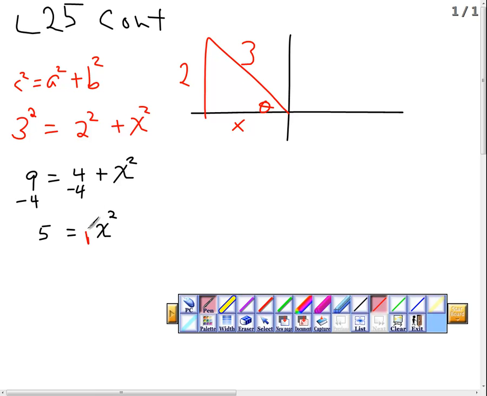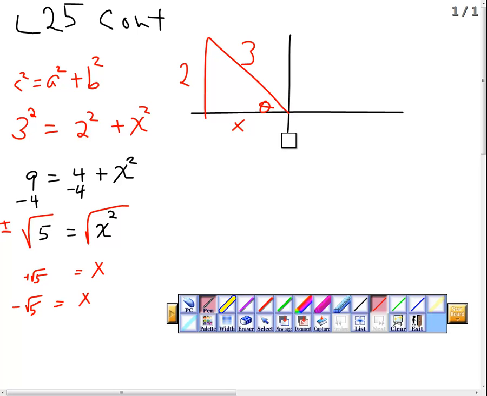Apply the square root. But you always have to remember what? Outside of the radical sign, plus or minus, right. Well, how do we know which one it is? Is it x equals a plus square root 5? Or is it x equals a minus square root 5? Which one could it be?